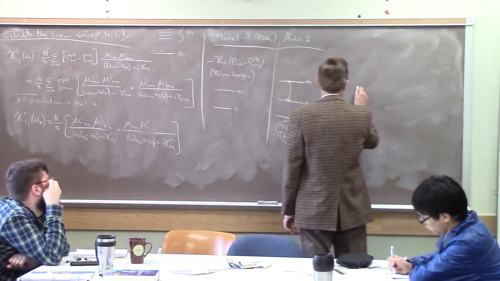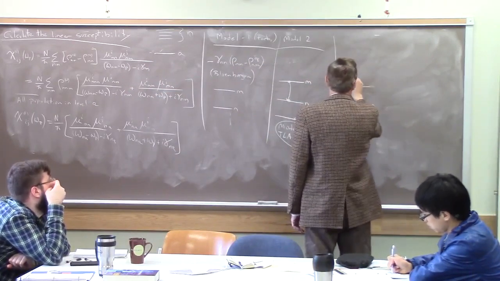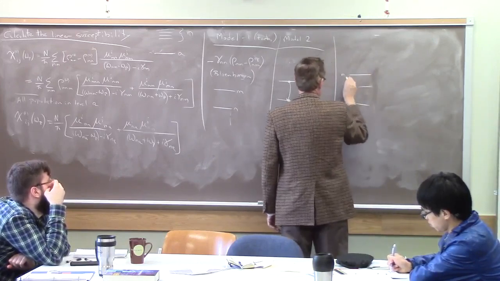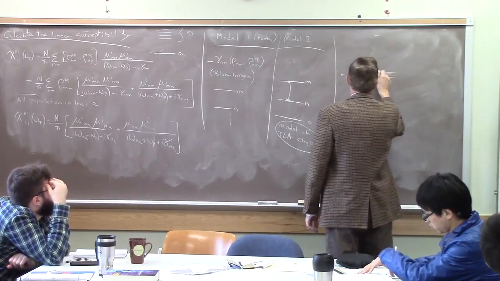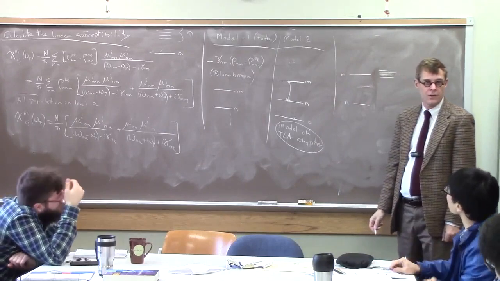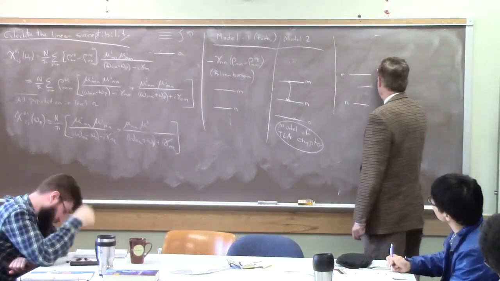Again, just an example: if this is level n, and this is level m, but perhaps there are many fine structure or hyperfine structure magnetic sublevels associated with this.